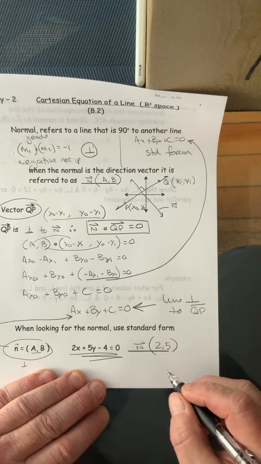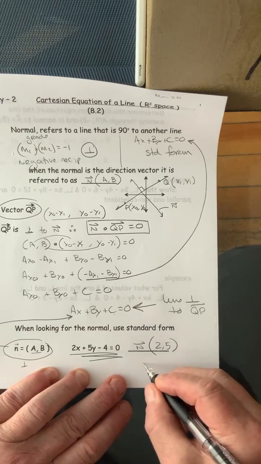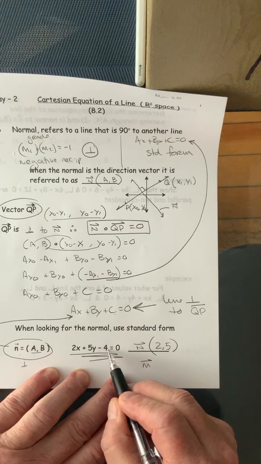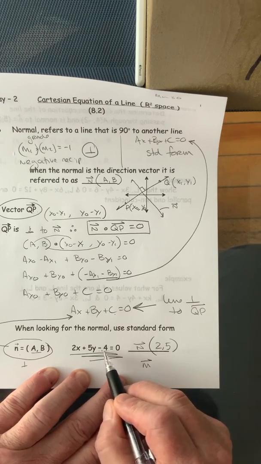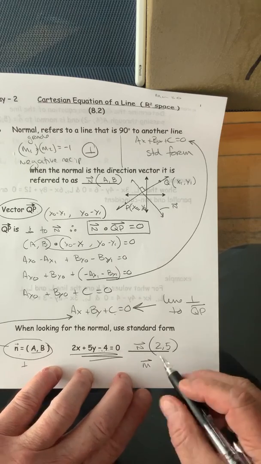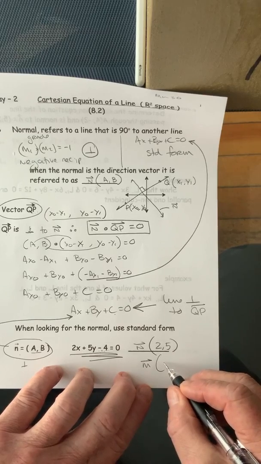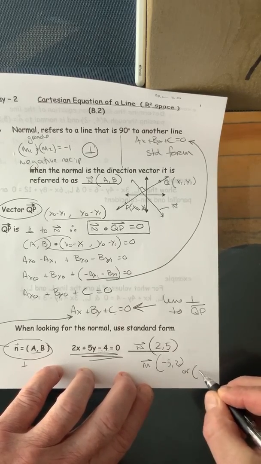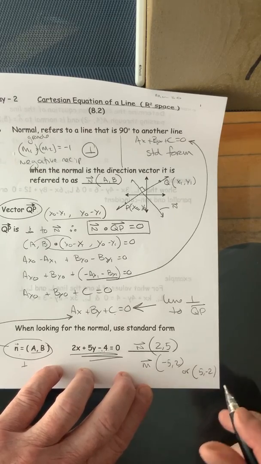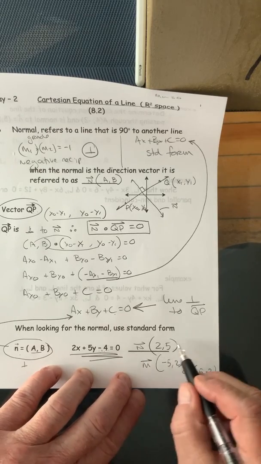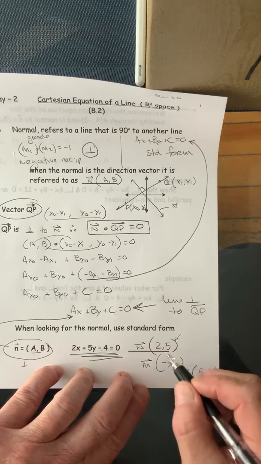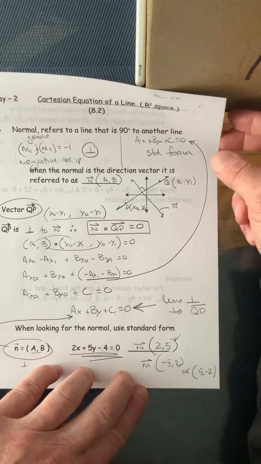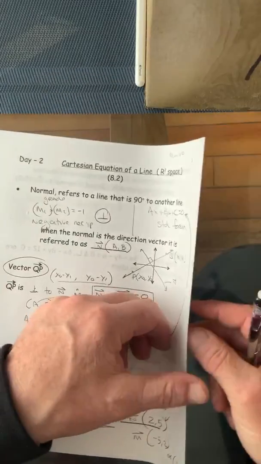If I want the slope of the actual line, this is the vector perpendicular to this line. This is not the slope of the line. If I want the actual slope of that line, then it's going to be the negative reciprocal, negative 5 over 2, or 5 over negative 2. Either one, it doesn't matter. Remember, this is the slope of the line perpendicular to that line. Okay, that's good.